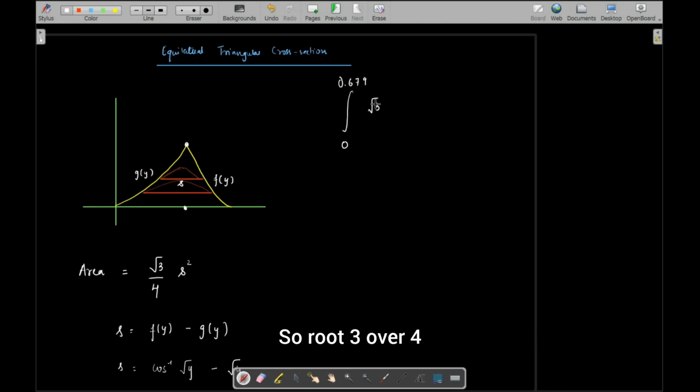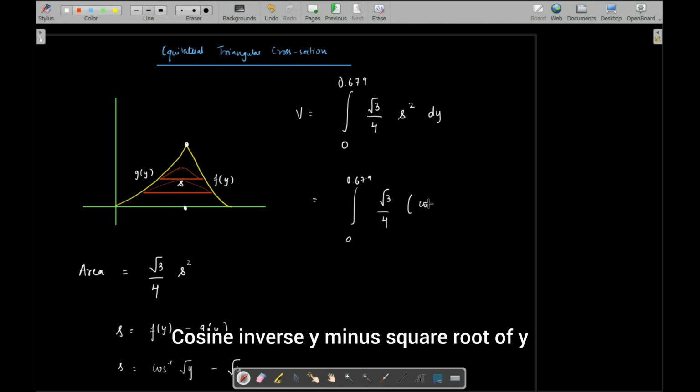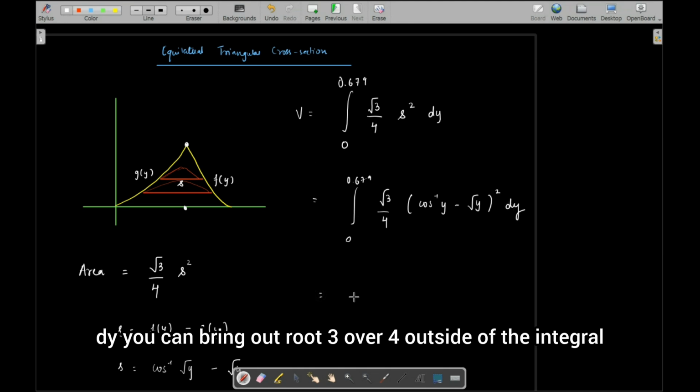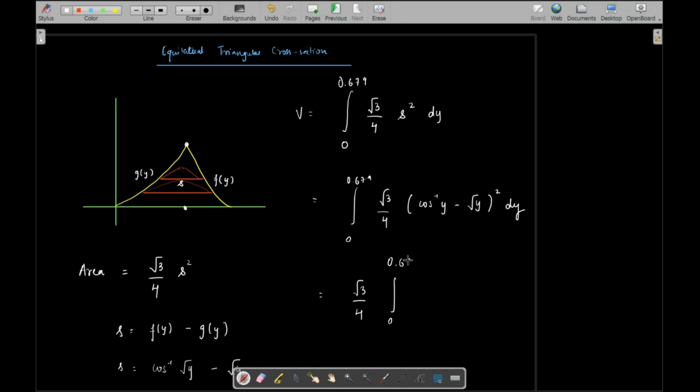So root 3 over 4 times s square dy. This will be the volume. So root 3 over 4 times cosine inverse y minus square root of y, whole square dy. You can bring root 3 over 4 outside of the integral. So you have this expression.